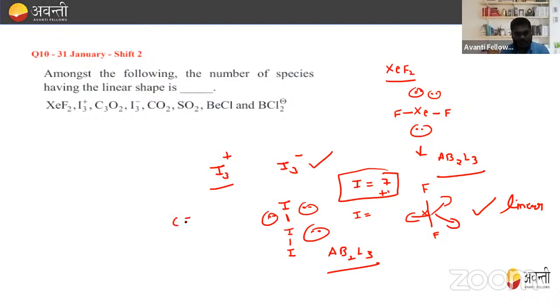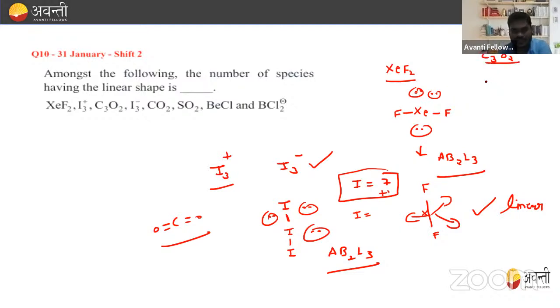We all know CO2 is linear. So CO2 is also linear. Now, XeF2 is linear. First of all, I3 negative is linear. CO2 is linear. Next is C3O2. So how can you draw the structure of C3O2?